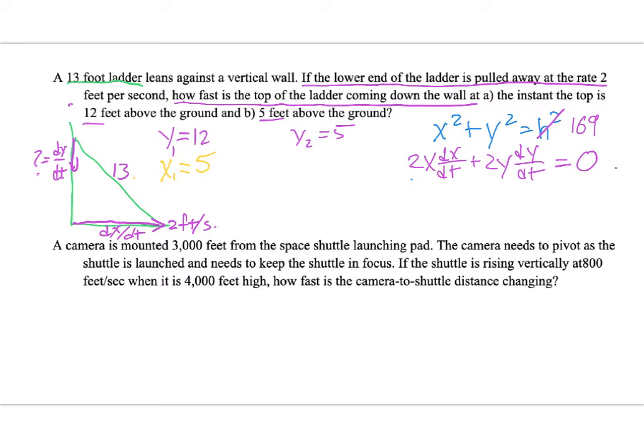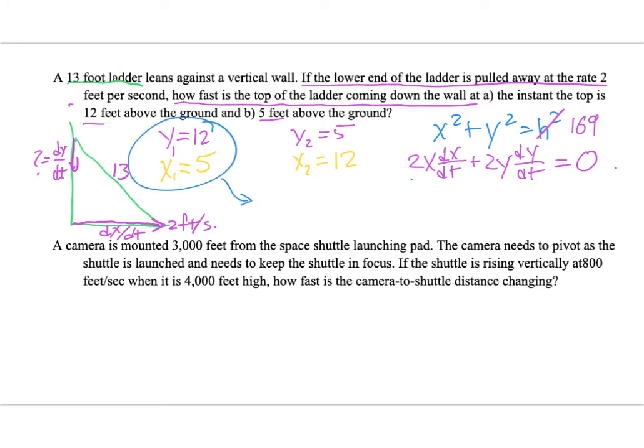So x1 would be 5 by the Pythagorean theorem. x2, if we've got 5 and 13, that means that this has to be 12. So we're just switching the x and the y, going from part to part here. All right, plugging some stuff in. I'm going to do y1 first. Didn't mean to just erase stuff, but I clicked the button. Okay.